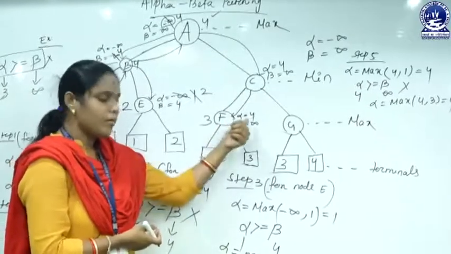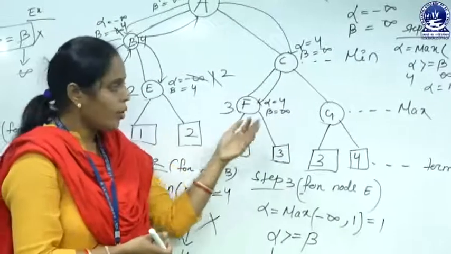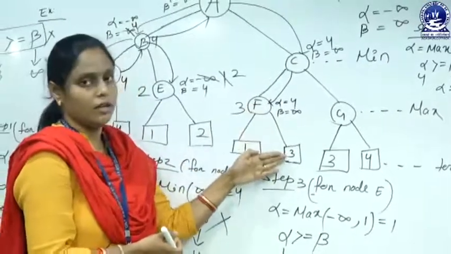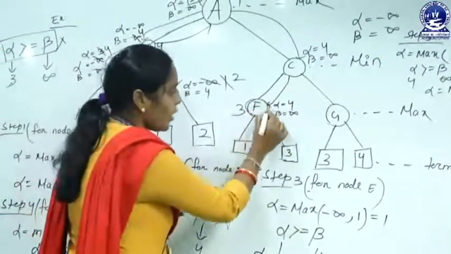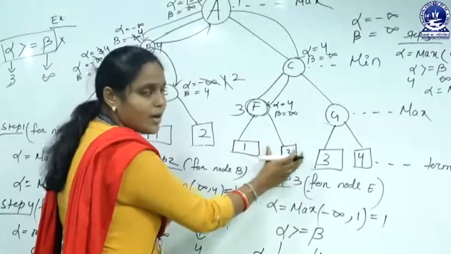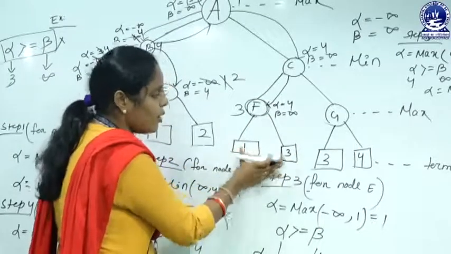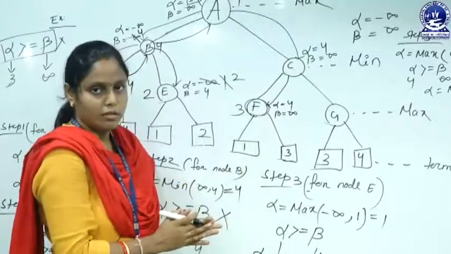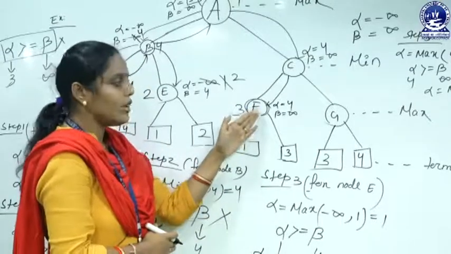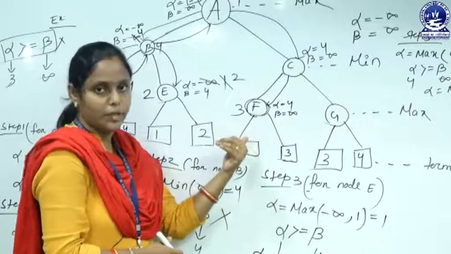So the alpha value remains 4. But here the node value is 3, because for node F the terminal values are 1 and 3, and from these two values the maximum value is 3. So our utility value for node F is 3.